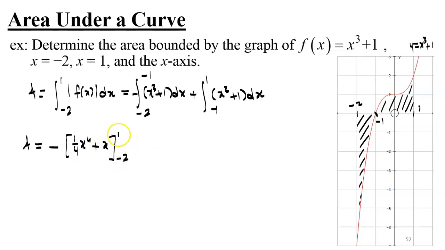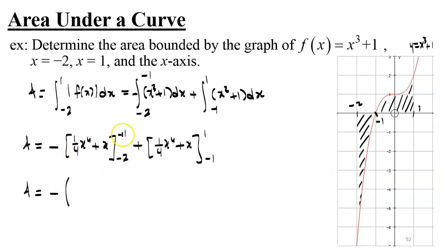So that is between -2 and -1, and plus, it's the same function, so it's the same antiderivative, except the bounds are different. Now I evaluate upper bound minus lower bound for each case in order to determine the total area, of course not forgetting the negative we have here.